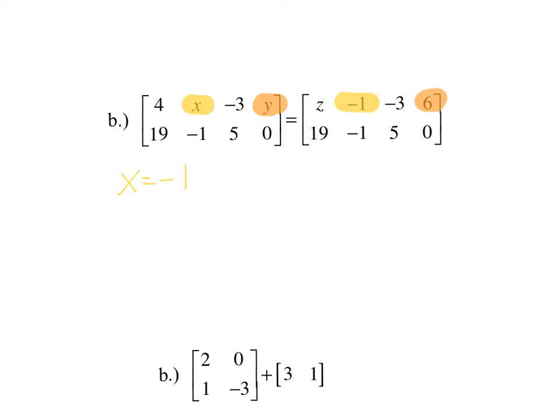So that has to equal 6, which is in the top row, 4th column. So y would equal 6. And the last one there, we have to find our z. Z is right there in the second matrix on the right side, and that will correspond to 4. So z would equal 4.